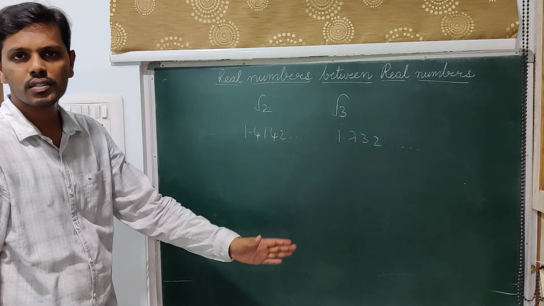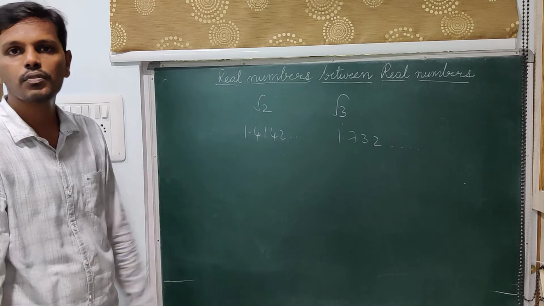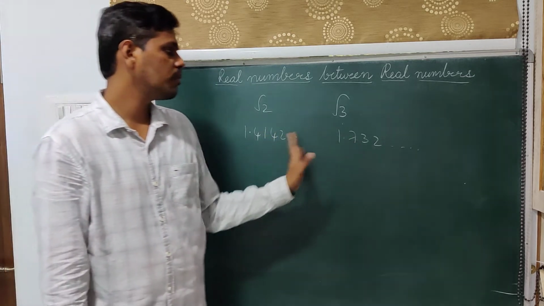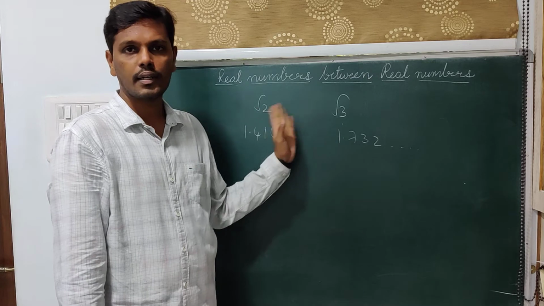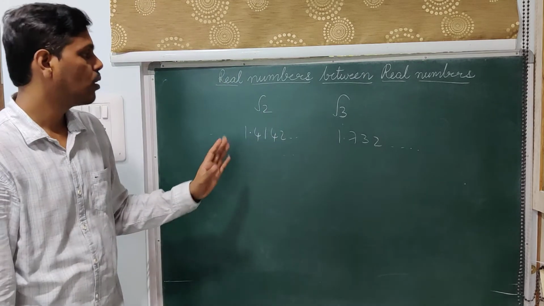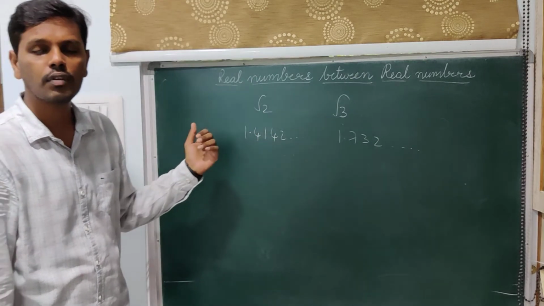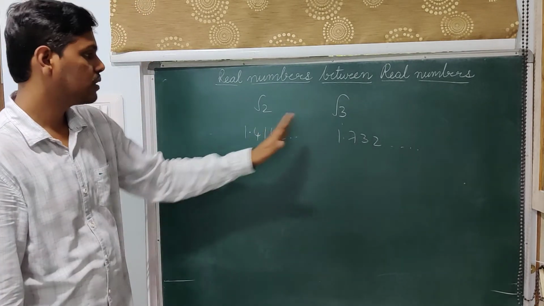When you know the decimal expansion, it is very easy to find any number of numbers between given two irrational numbers or rational numbers, or to speak more generally, given two real numbers.